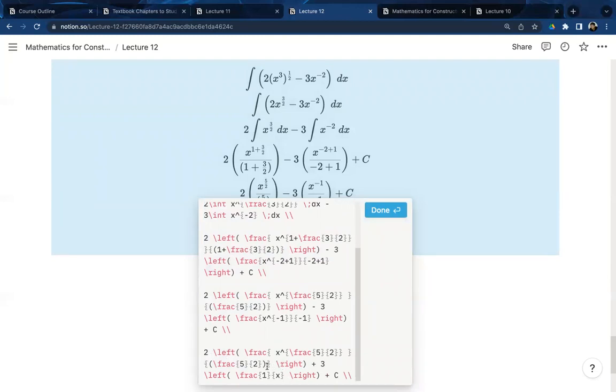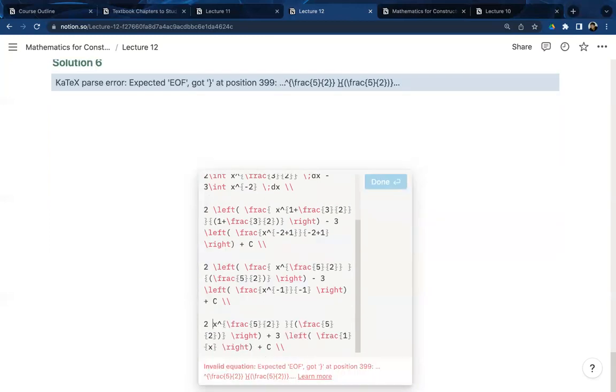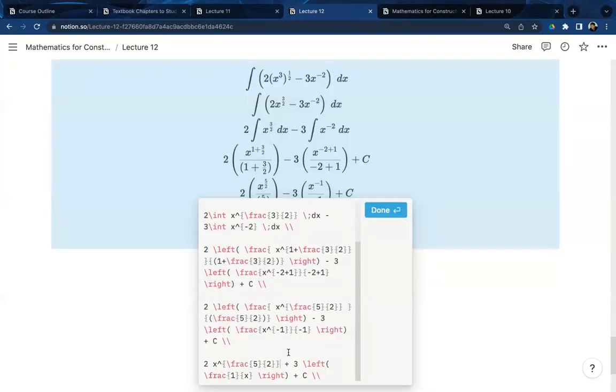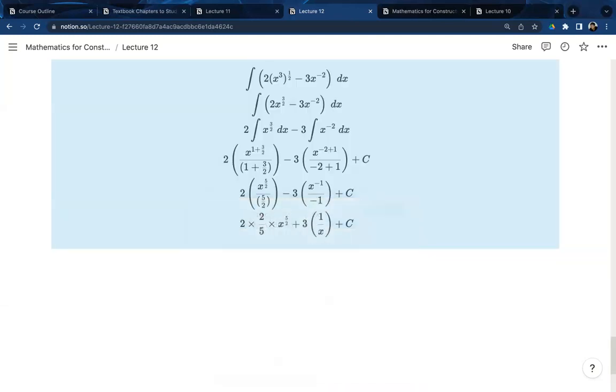So instead of dividing by 5 over 2, dividing by 5 over 2 means multiplying by 2 over 5. And the power is still x to the 5 over 2.